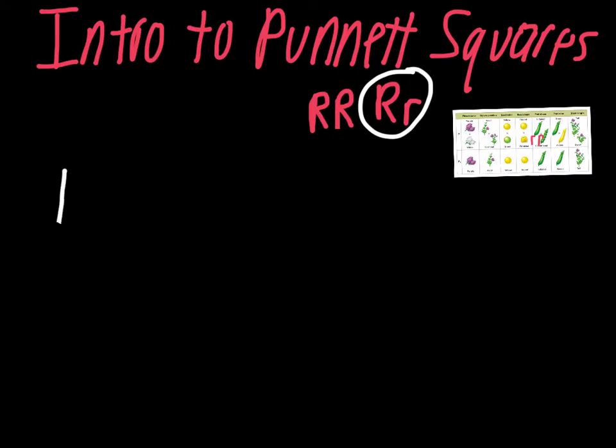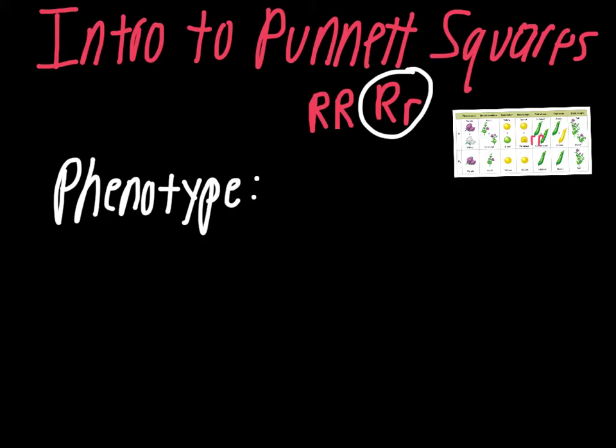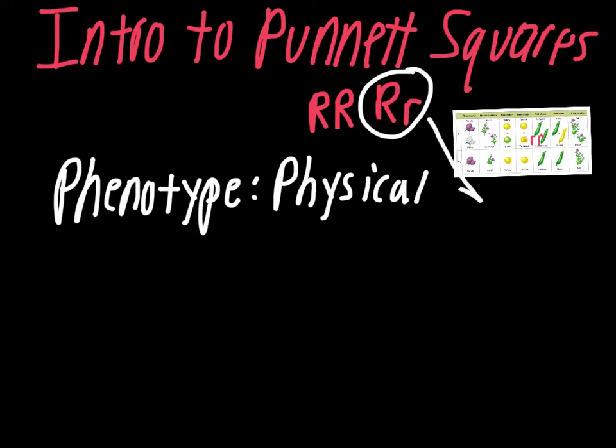One thing has to do with its phenotype. What I want you to think of with phenotype is to associate this with physical. So it's how this one physically looks. This guy, capital R, lowercase r, is the heterozygous individual. This one physically looks like it has round seeds.